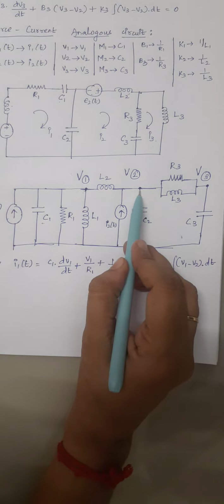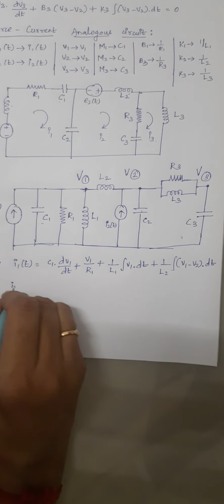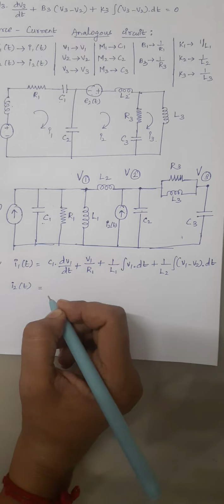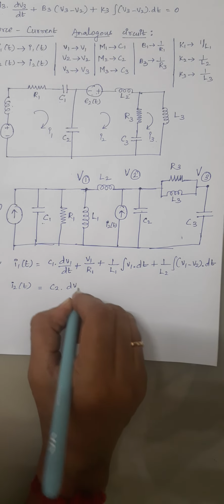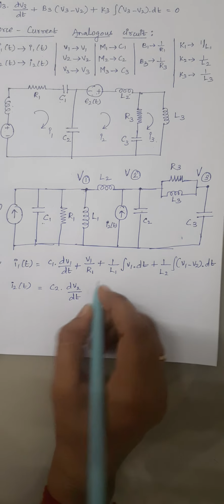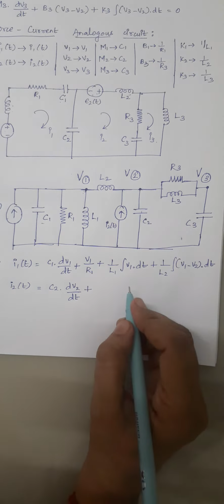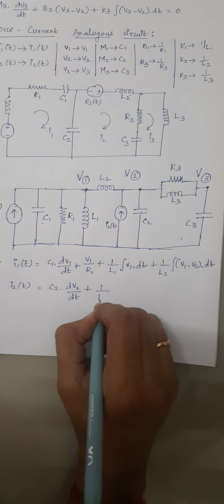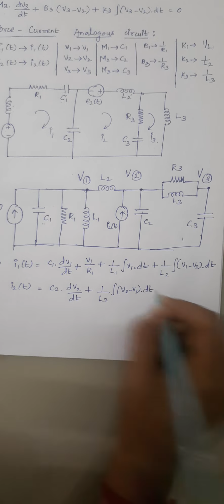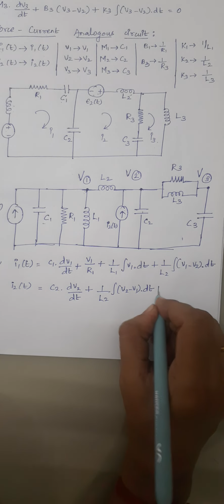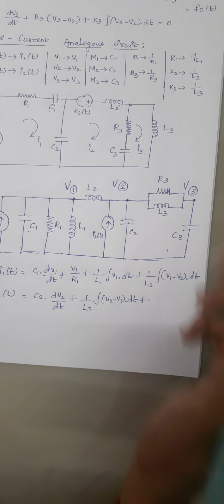And when you write for this V2, here again we are having a current source. So I2 of t is equal to, again current flowing through this capacitor is given by C2 into dV2 by dt, plus again we are having this L2, right? So for this we have to write it as 1 by L2 integral of V2 minus V1 into dt, and the next one is plus, we had written this one and this one, we have to write these two expressions.